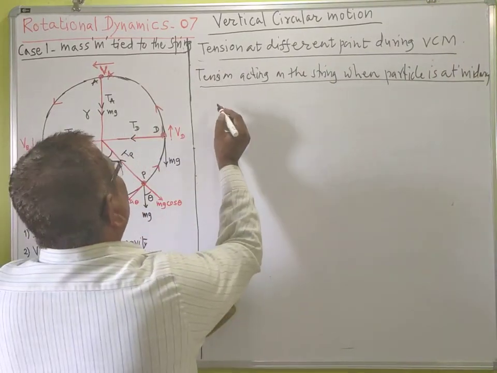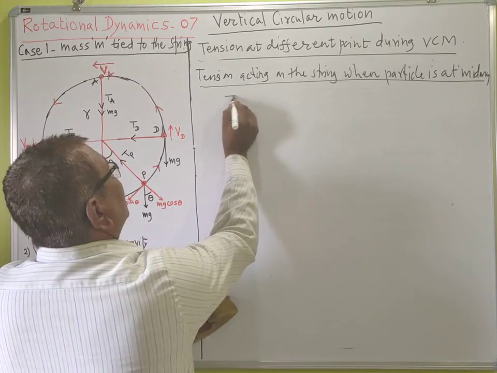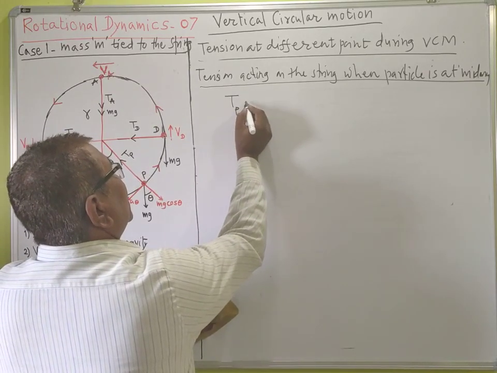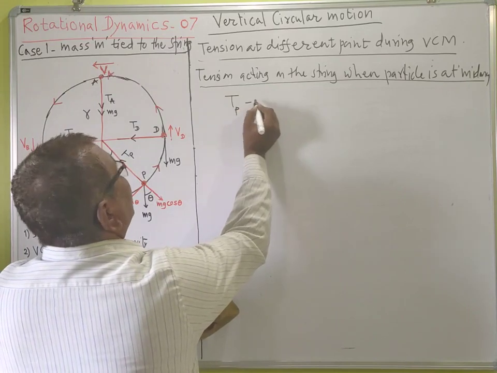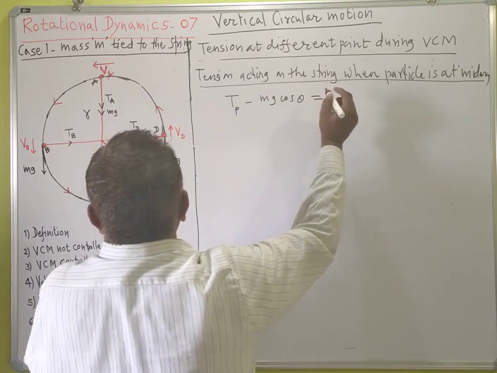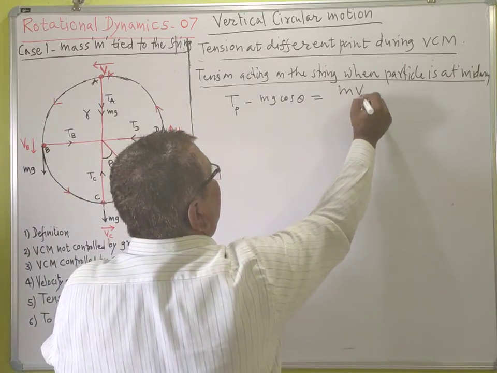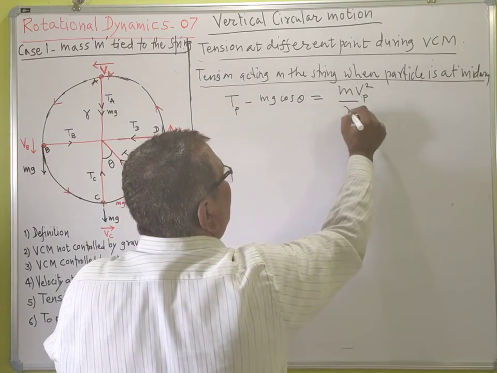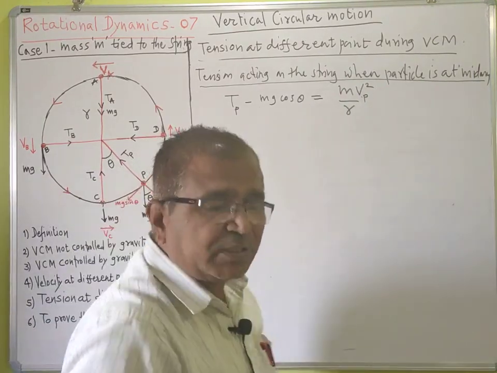So again the equation is what we get. The general equation we got is Tp minus mg cos theta is equal to m vp square upon r. This general equation we have to use in each and every case.